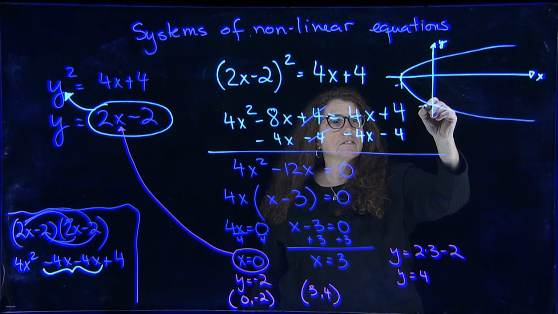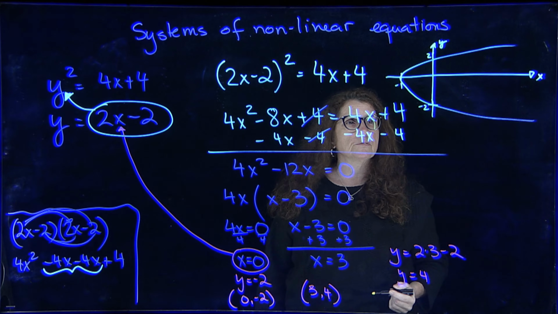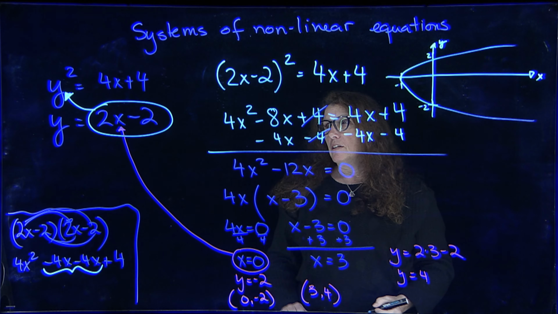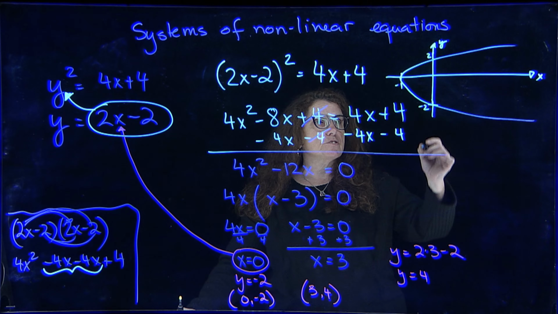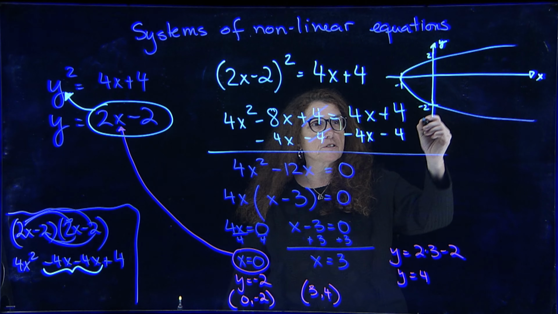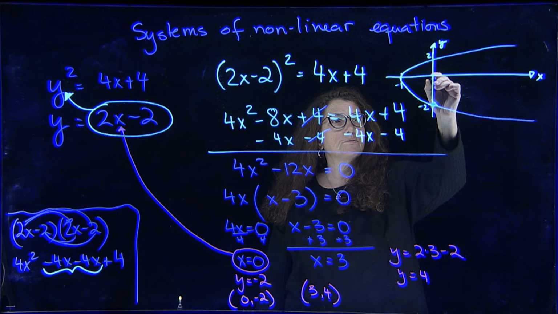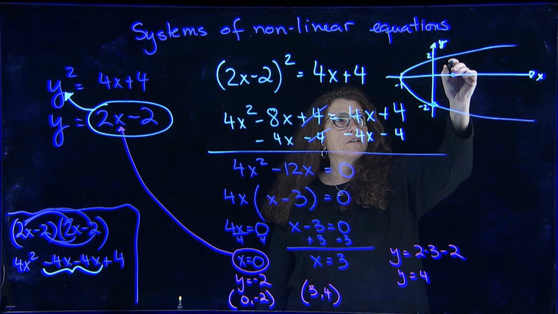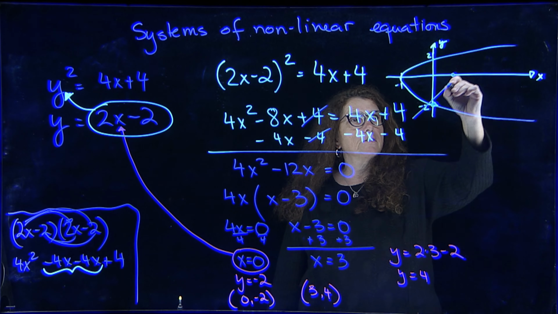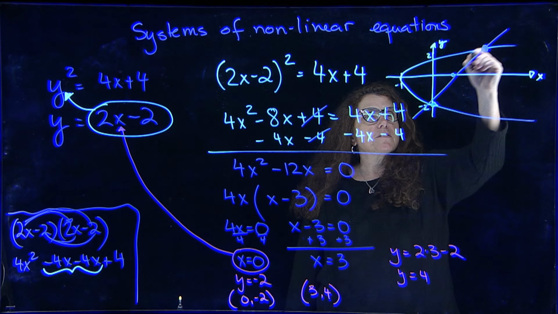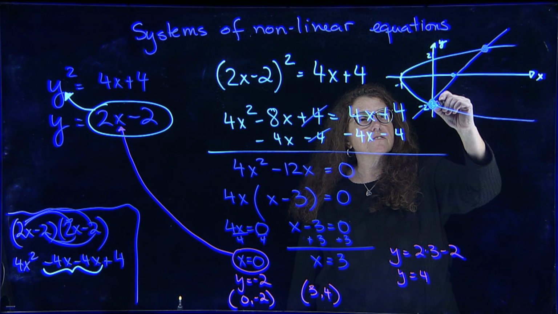Let's say here's negative 2, here's positive 2. And the y equals 2x minus 2. So 2x minus 2, they intersect right here. The slope is 2 over 1. Then 2 over 1. Here you go. So there is my second point of intersection.